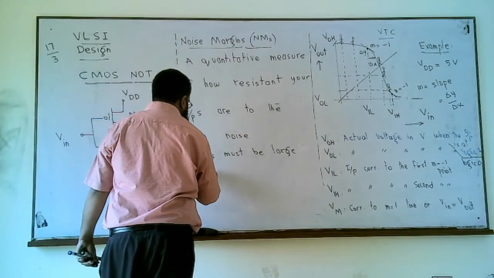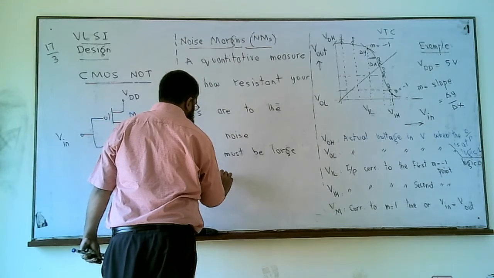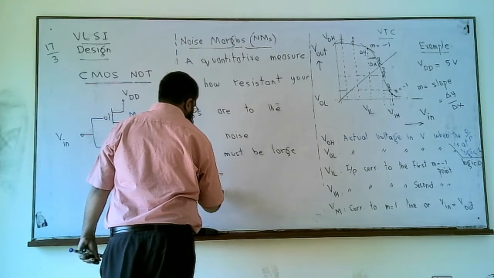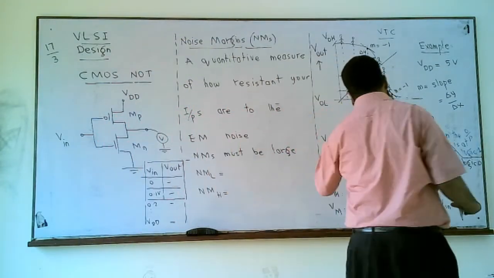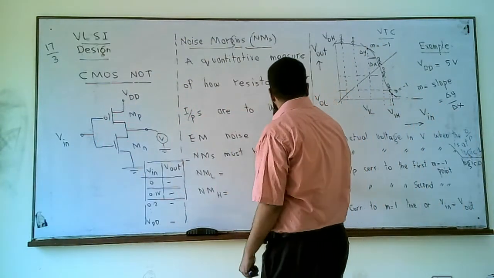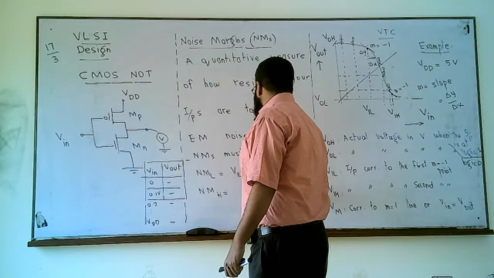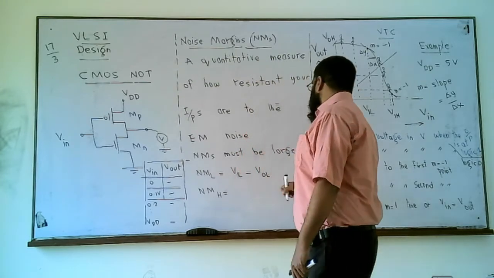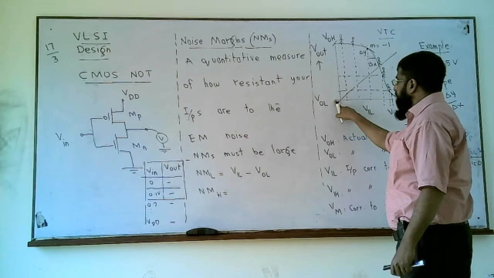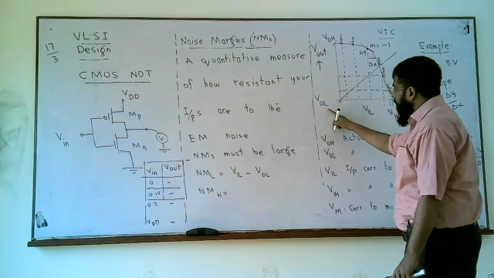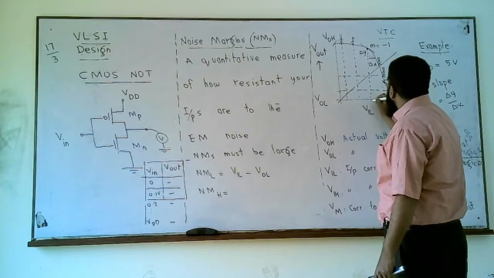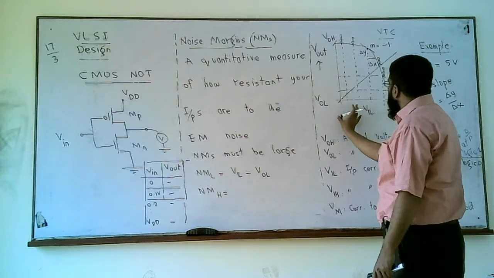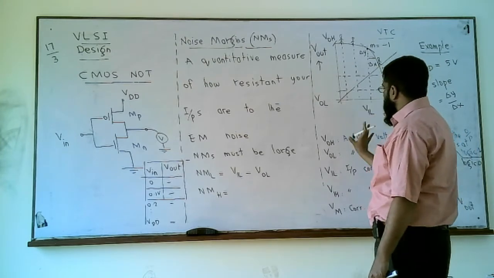We calculate two noise margins, noise margin low and noise margin high, indirectly from this voltage transfer characteristic curve. Noise margin low is V input low minus V output low. We know V output low is almost zero; for CMOS, it's always equal to zero. So VIL is somewhere here. If this margin is large, that is good.